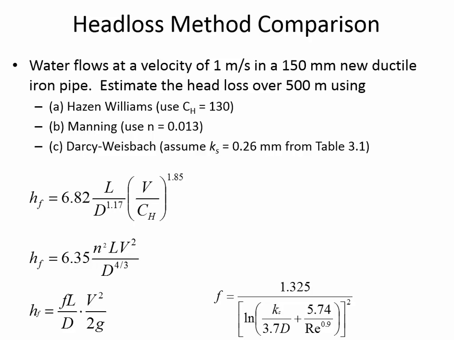The h sub f is 6.82 times L divided by D to the 1.17 power, times V divided by C sub H to the 1.85 power. And what's magical about 1.17 and 1.85?